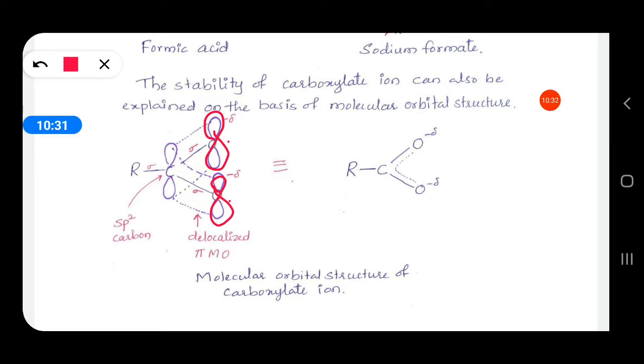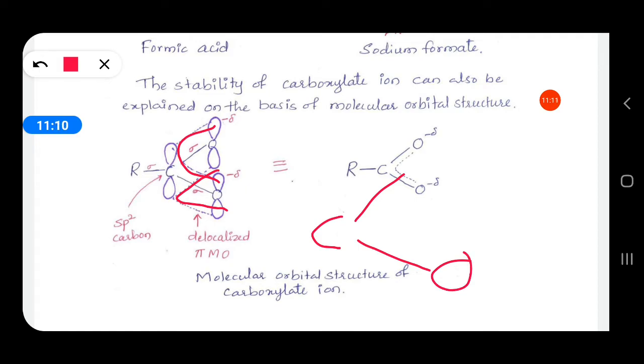Now the tendency of sideways overlapping of the unhybridized pz orbitals, carbon and oxygen, on this side and on this side is equal. So both the above and the below orbitals are overlapping, so that it forms a structure like this. Above orbitals are overlapping, below orbitals are overlapping, and there is a cloud between these oxygens.